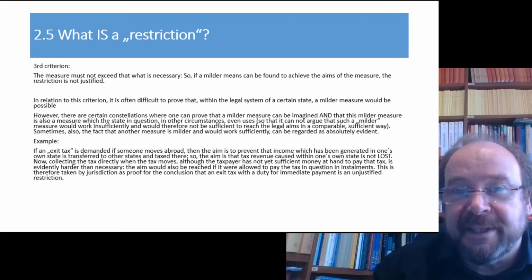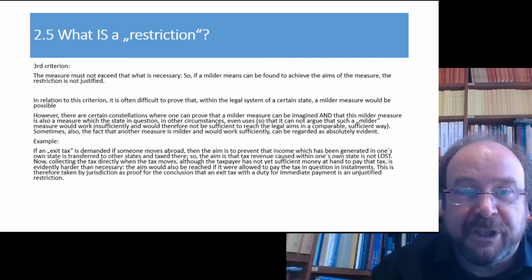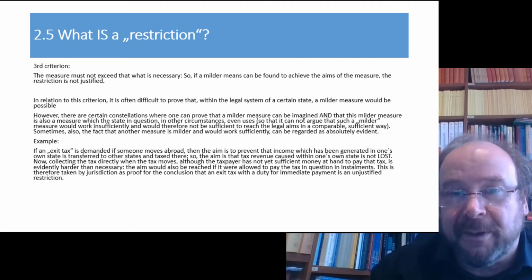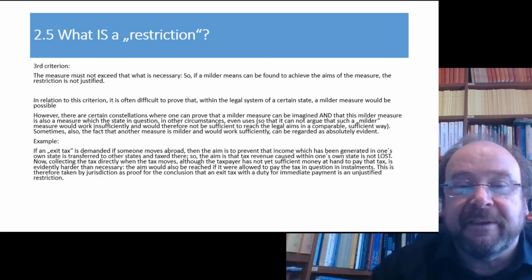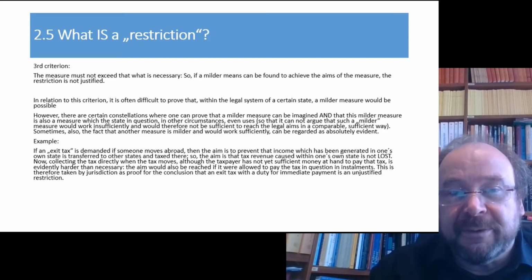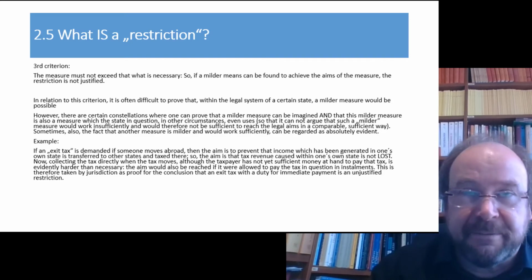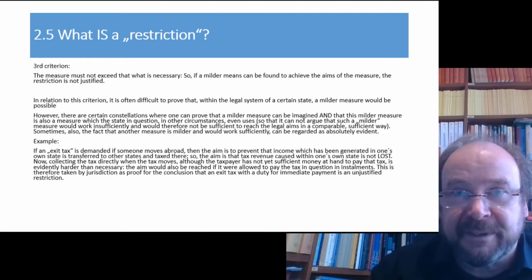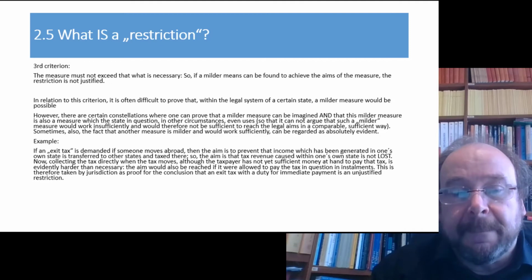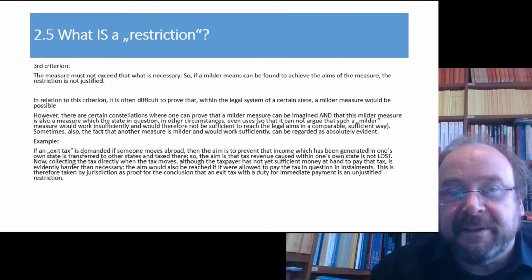The measure to say if you leave, you have to pay a tax on all that income which has already been caused is also able to prevent the loss of tax revenue. Now, if you say you have to pay that tax when you leave, although you do not have cash at hand, you have not yet sold the assets or so, then the effects are evidently harder than they need to be.